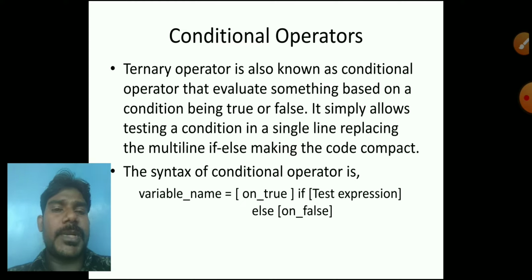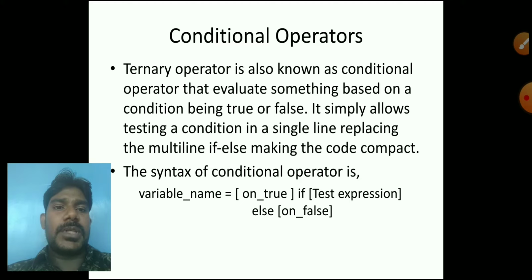Conditional operator, another name is ternary operator. It is also known as a conditional operator that evaluates something based on a condition being true or false. The condition will be true or false, and based on it the matching expression displays the result. It simply allows testing a condition in a single line, replacing the multi-line if else, making the code compact.